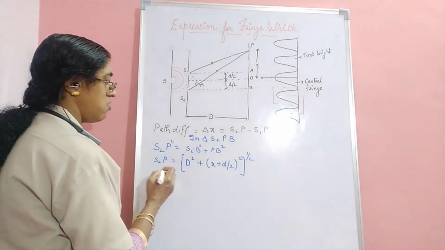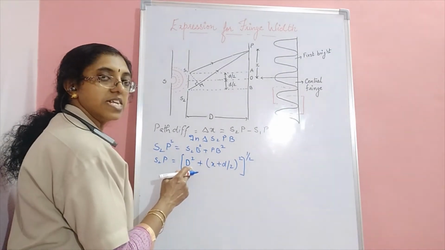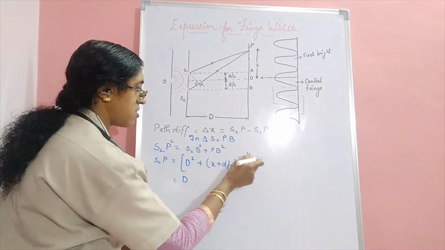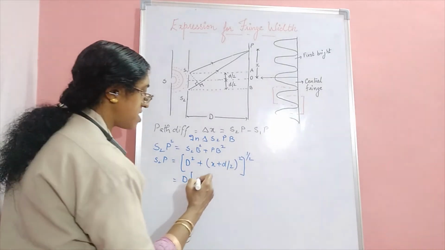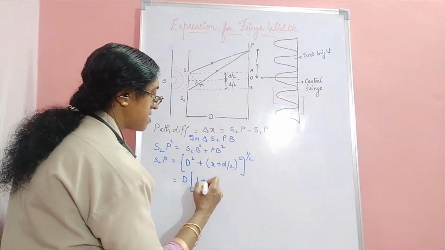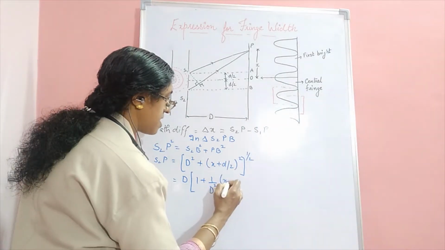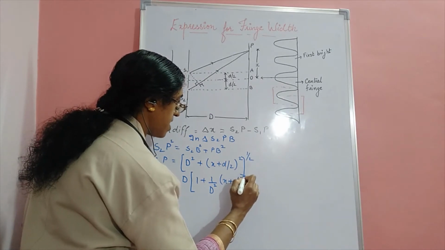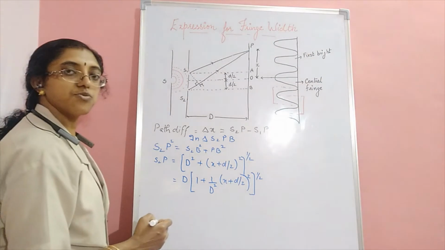Now, I'll take D square common. Since it's within the root, it would be only D outside. It is D into 1 plus 1 upon D square into x plus d by 2 the whole square, whole to the power of 1 upon 2.